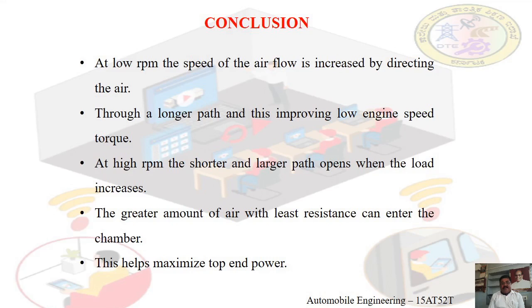At higher RPM, the shorter and larger path opens when the load increases. The greater amount of air with least resistance can enter the chamber. Enter the chamber means the combustion chamber. This helps maximum top end power.